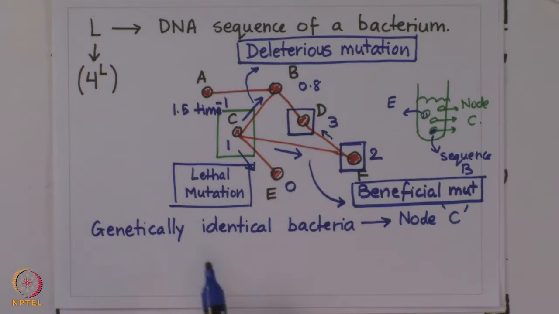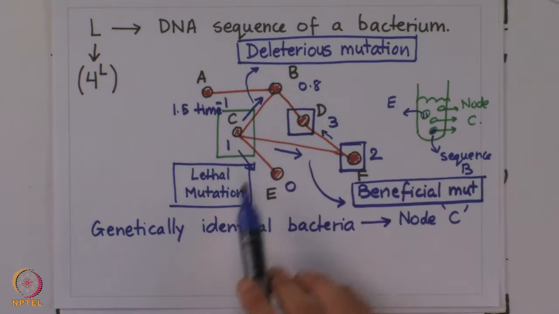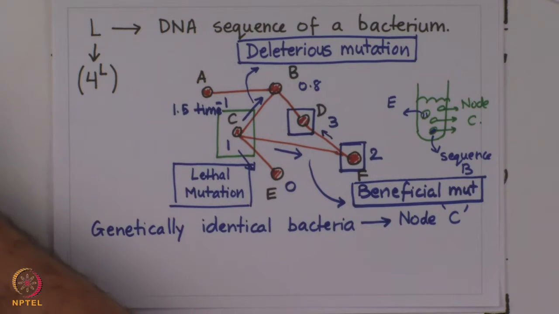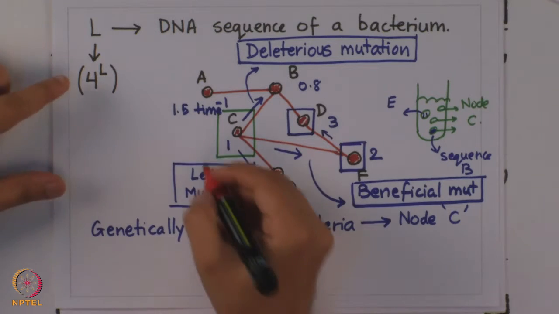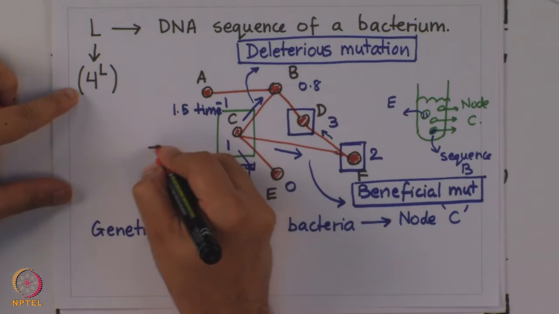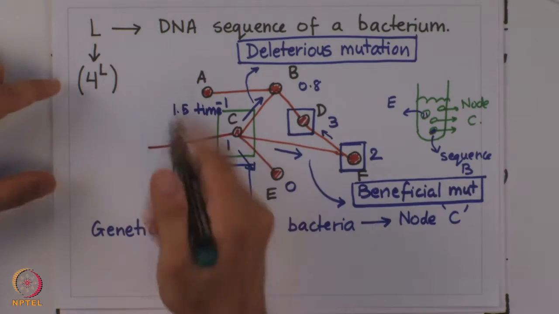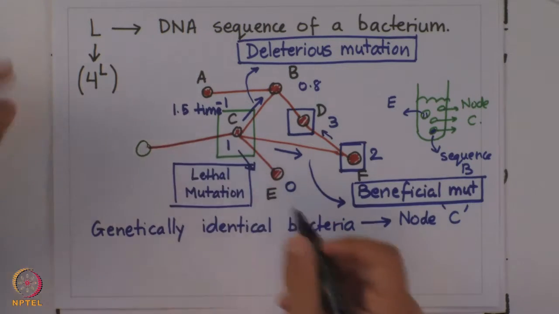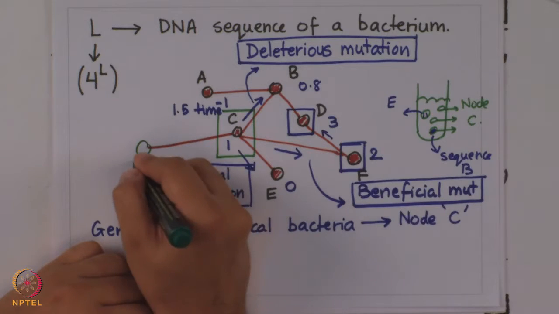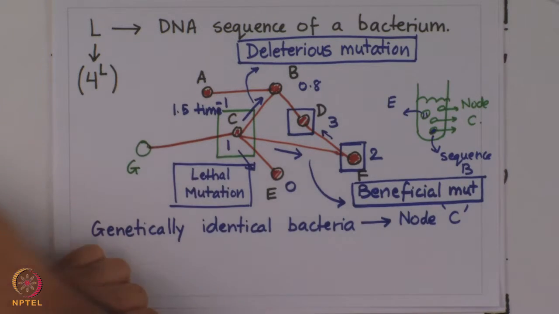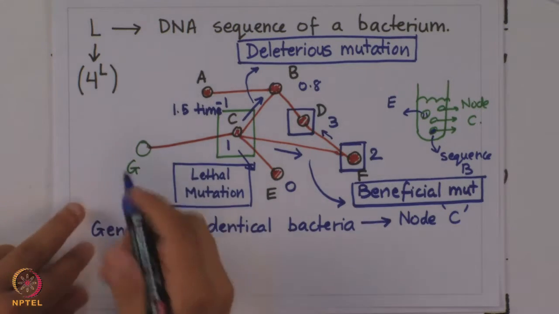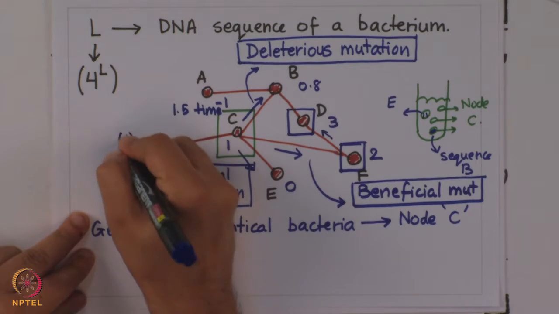So when we are talking of mutations, you could have these 3 types of mutations. There is another type of mutation that you could have happen in the process, for which we draw another node here, which is, let us say, C going to node G, and the fitness corresponding to node G is just 1.